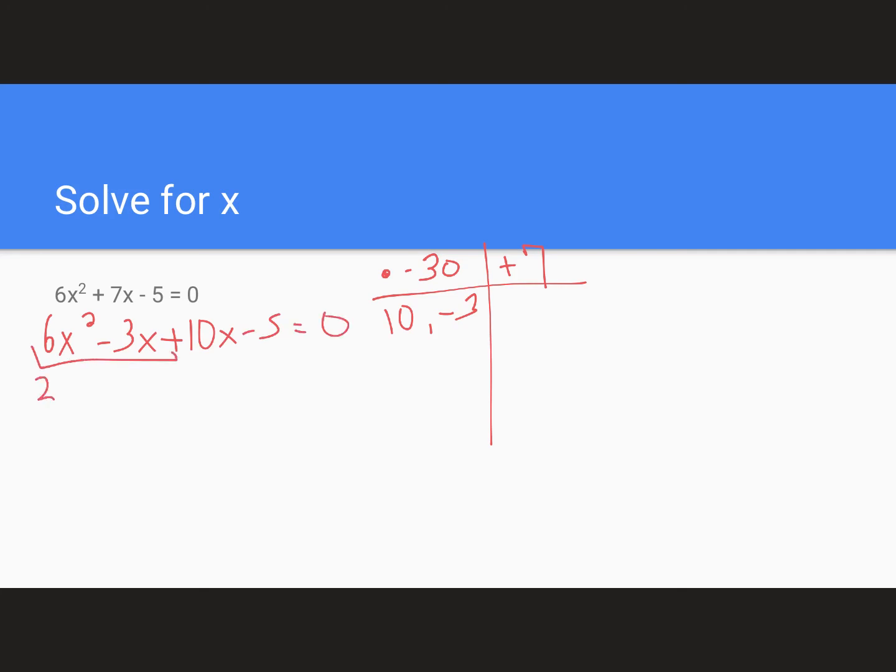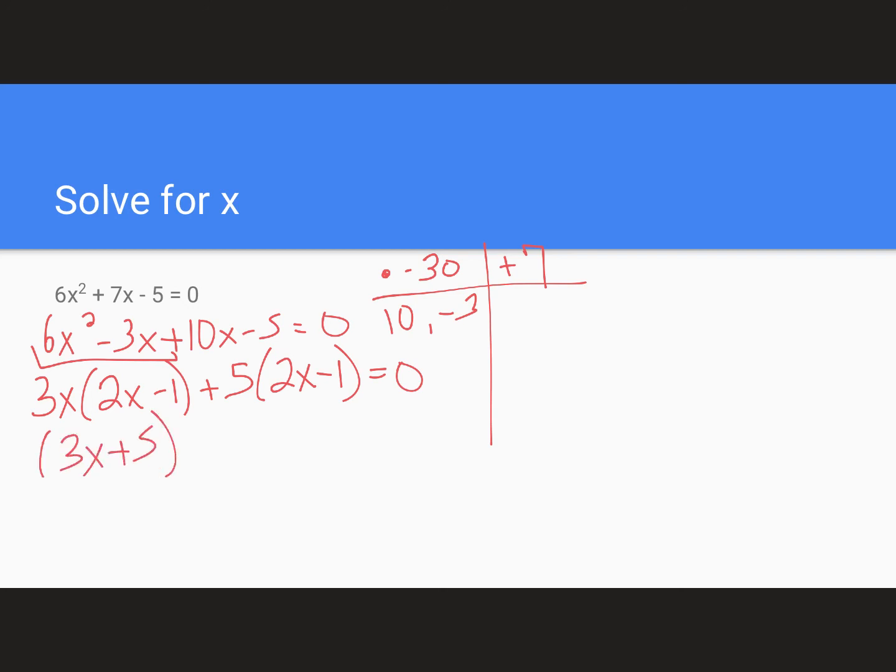Here I can factor out a 3x, which leaves me with, not x, 2x minus 1. Plus over here I can factor out a 5, which leaves me with 2x minus 1. So now I have 3x plus 5 times 2x minus 1 equals 0. I'm going to set each factor equal to 0 and find my solutions. Go ahead and do that on your own, and go ahead and work on your classwork.